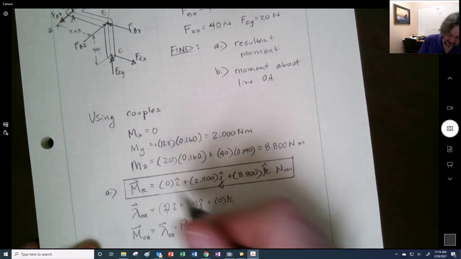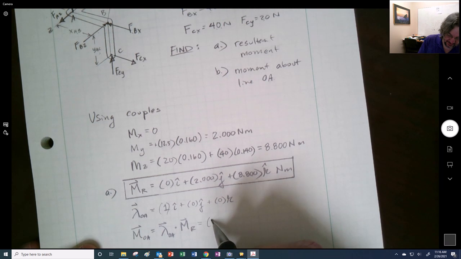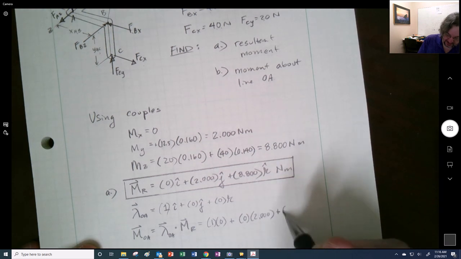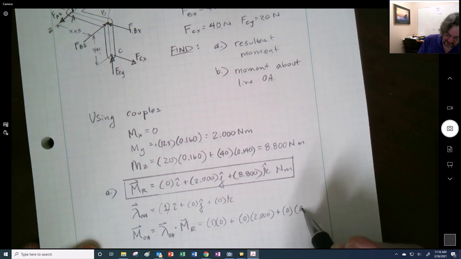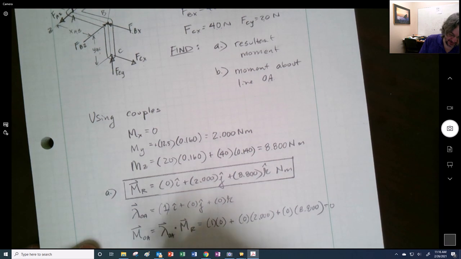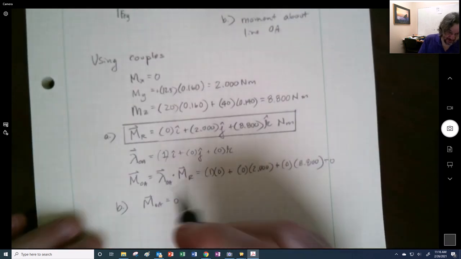So when you do this dot product, you get 1 times 0 plus 0 times 2 plus 0 times 8.8, equals 0. So part B is the moment about A.